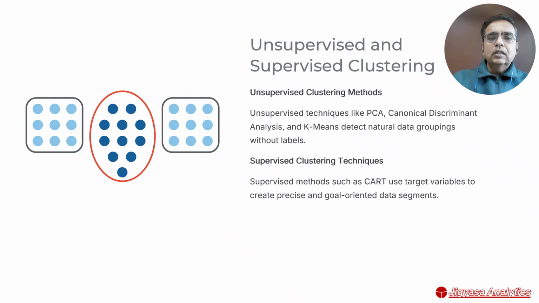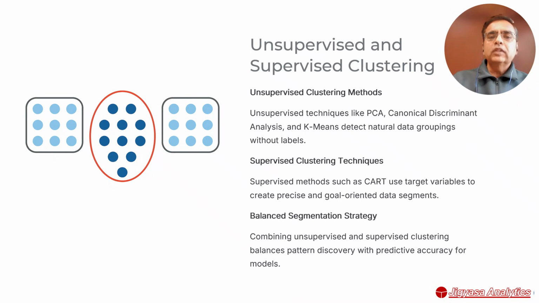And a good segmentation strategy from a data science perspective evaluates the sample both based on unsupervised clustering, because that tells you how the natural layout of the data is, but also looks at supervised clustering because that gives you information on, based on your goals, how the segments fall out.